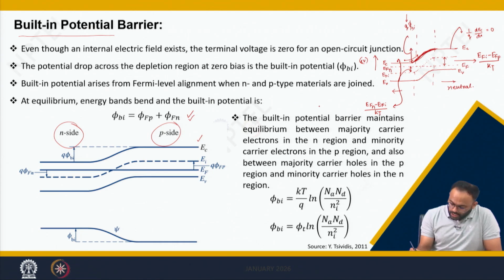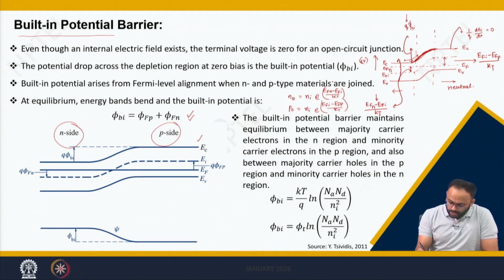So ultimately you can rewrite these equations by your basic understanding, which we discussed in the previous analysis, that n0 can be written as ni e to the power of, now we need to choose a positive exponent, (EFN minus EFi) by kT. Similarly, p0 can be written as ni e to the power of (EFi minus EFP) divided by kT.